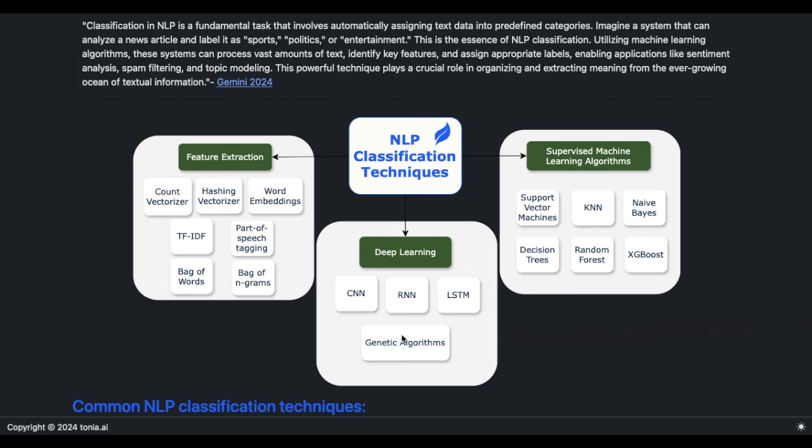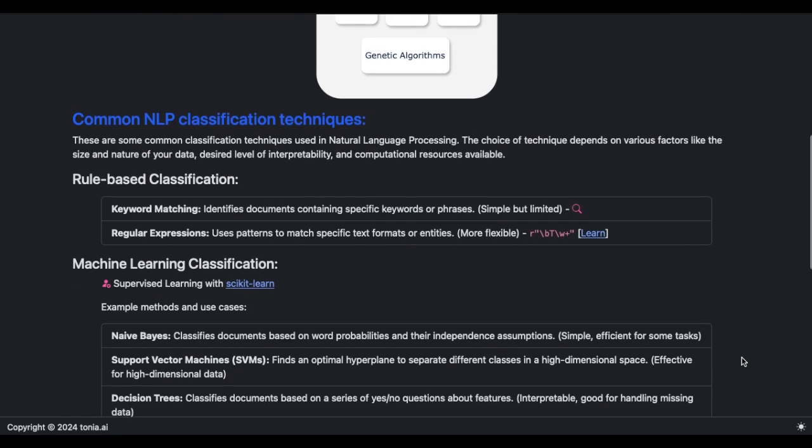Or we might, of course, use deep learning techniques applied to the problem as well, like convolutional neural networks, recurrent neural networks, or LSTM algorithms, and we'll outline some of these techniques here as well.